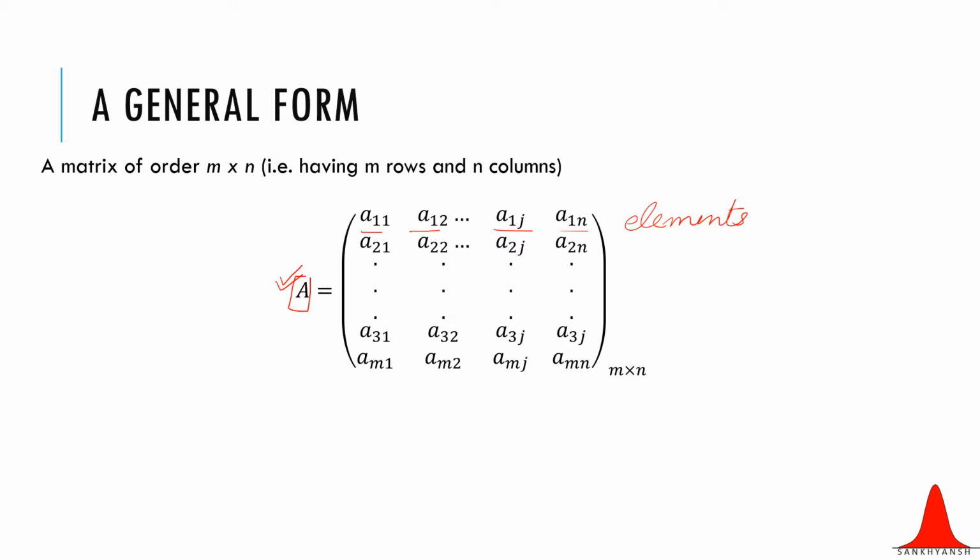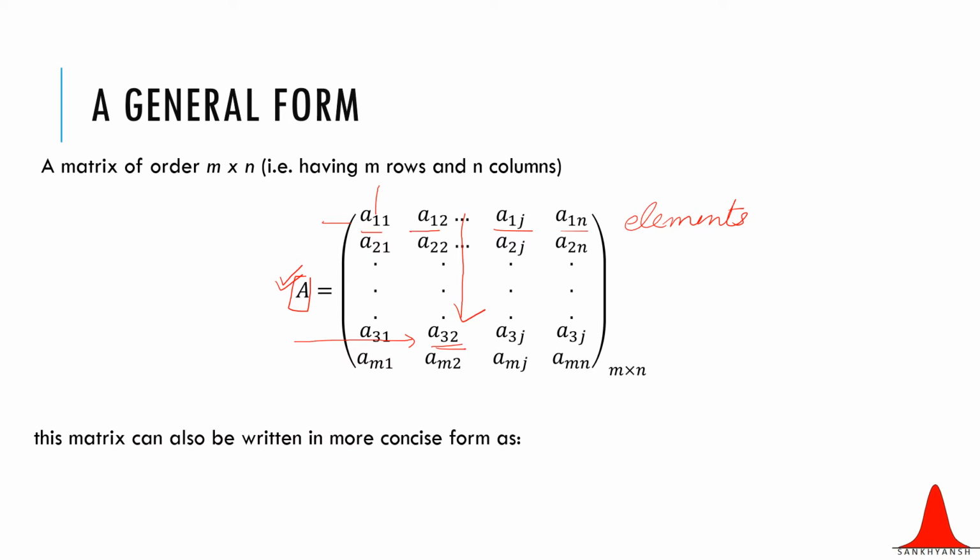They are represented by small letters. For example, this a11 means this is the number which is in first row and first column. For example, this a32 means this number is in third row and second column.